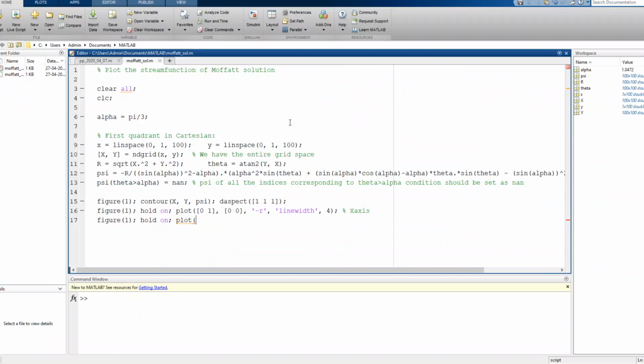So let's do that. Let's plot it with a blue line. This is the y-axis.